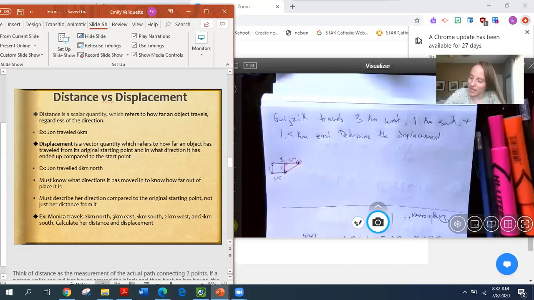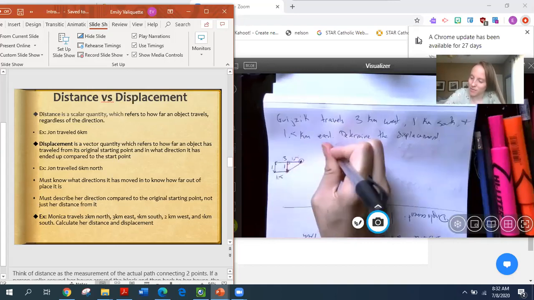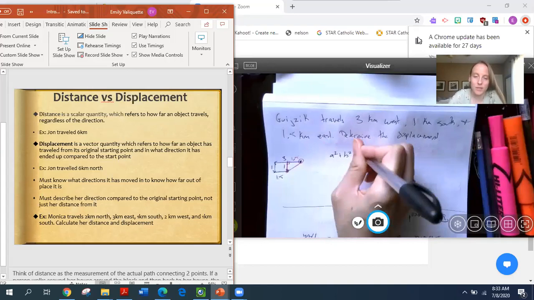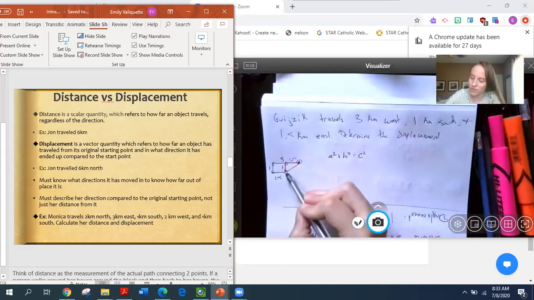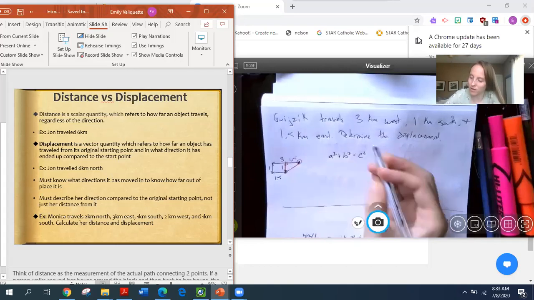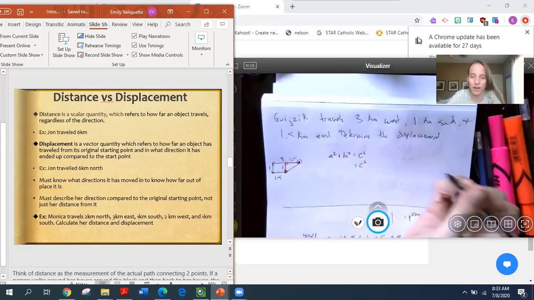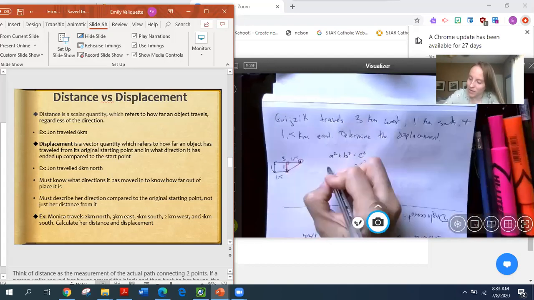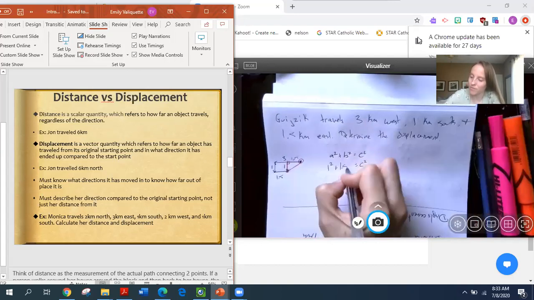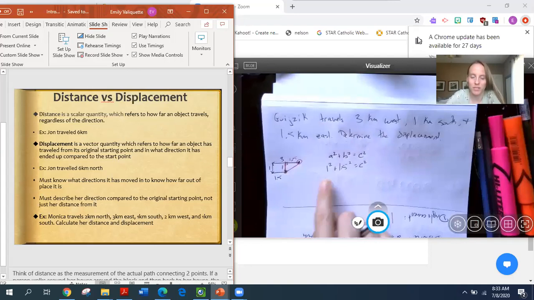And then from there, we set up our Pythagorean theorem. So a squared plus b squared equals c squared. Our hypotenuse is always across from the right angle, so that is what we're looking for. So we're looking for our c squared. It doesn't matter which side I put as a and b, those could be backwards.